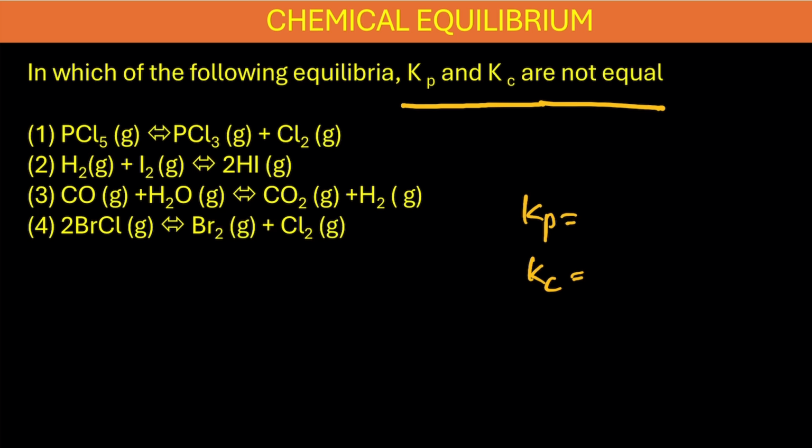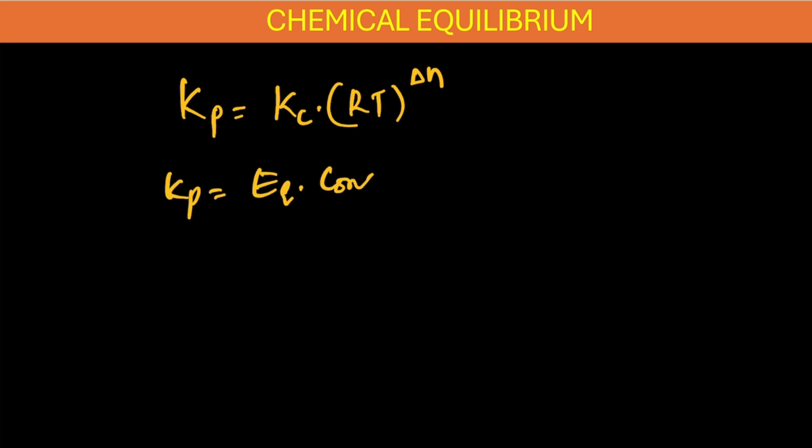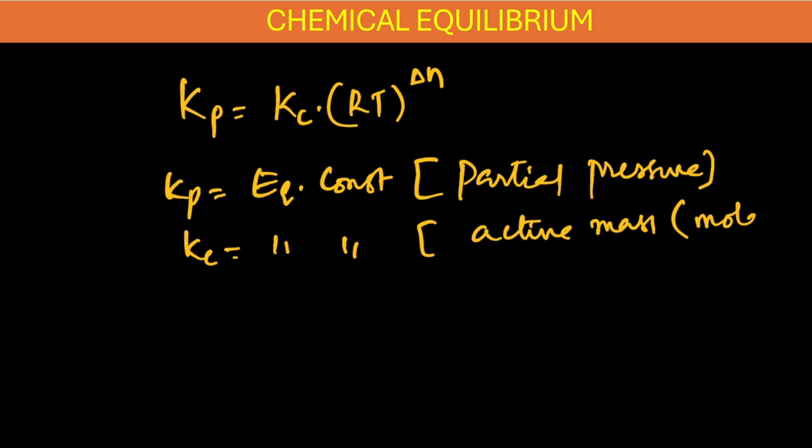Now, he has given four equations. To know the answer, we need to first know the relationship between Kp and Kc. Kp is equal to Kc into RT to the power delta n, where Kp is the equilibrium constant when the components are expressed in terms of the partial pressures, and Kc is the equilibrium constant when the components are expressed in terms of active masses, that is nothing but the molar concentrations.